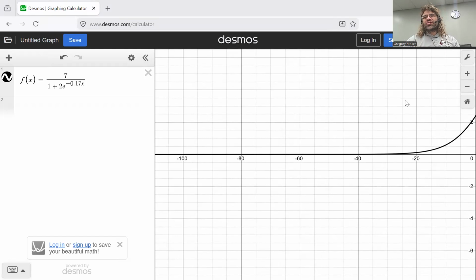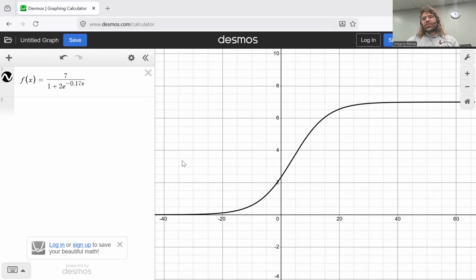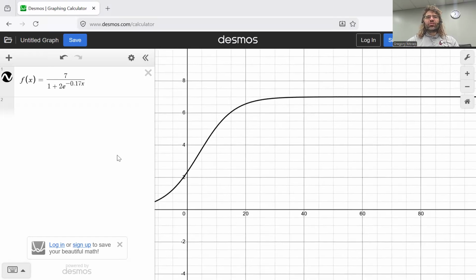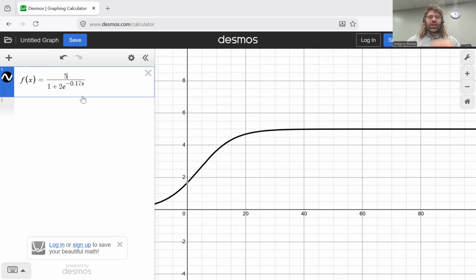But you see, this does initially look like an exponential function. If I move this so we can only see the negative numbers, this looks exponential, but then it levels out. And specifically, it levels out at 7. So the number in the numerator is a horizontal asymptote.